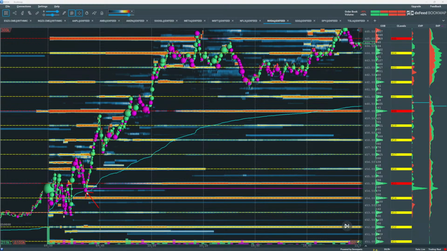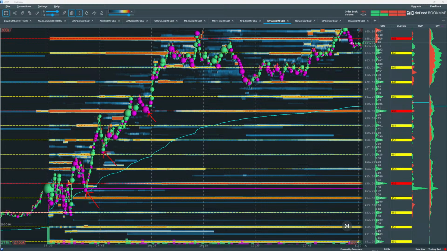Right around 940 to VWAP. Back to the 457 level. Some consolidation around 460. And then price moved on up to the target at 465, the liquidity targets.